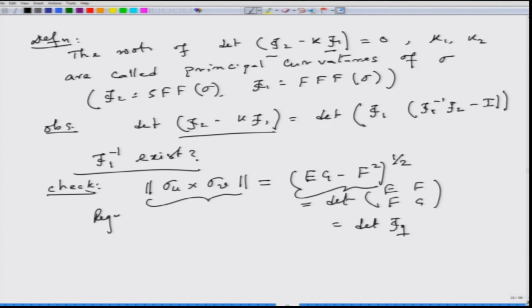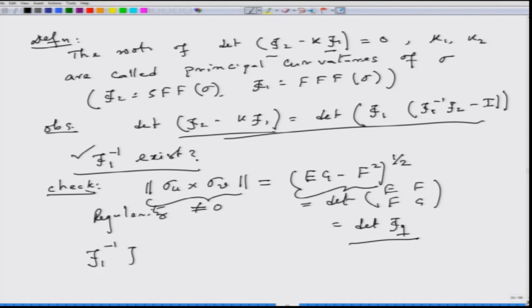The regularity condition of the surface gives us that this is always non-zero. So the determinant of F1 is always non-zero, therefore F1 inverse exists, therefore I can write it this way, correct. This is an observation which we are going to use, and I give a special name to this matrix F1 inverse F2. This is called the Weingarten matrix of sigma.